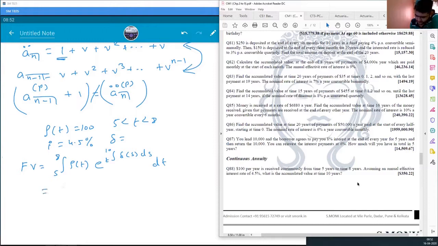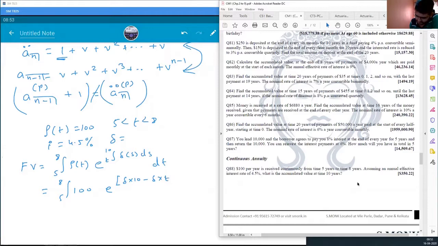This is one way of doing it. So we'll have the integral from 5 to 8 of 100 e raised to, I'll just assume right now we have delta, we'll find that later on. The integration of delta gives us delta s, going from t to 10, so it will be delta into 10 minus delta into t.